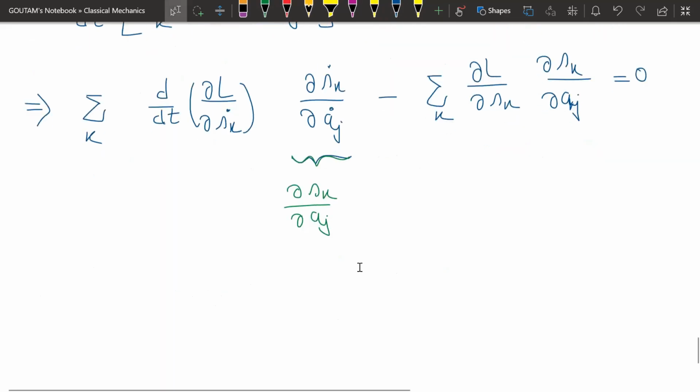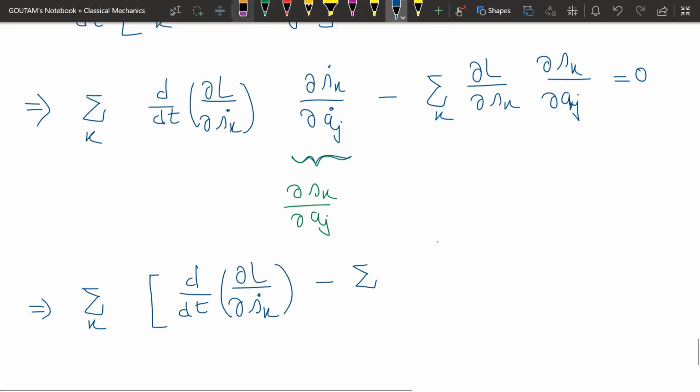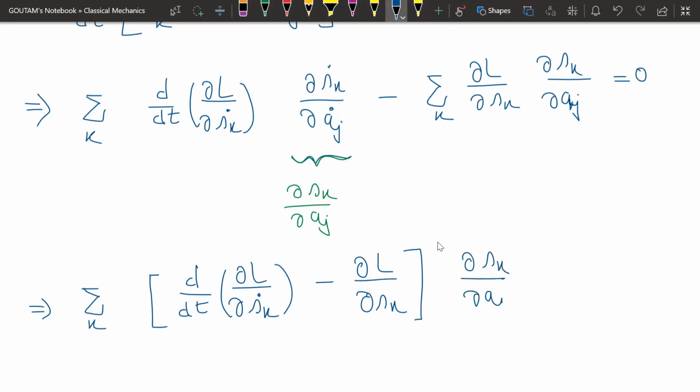Then we can write this equation as sum over k of ddt of del L del sk dot minus del L del sk, times del sk del qj, equals 0.